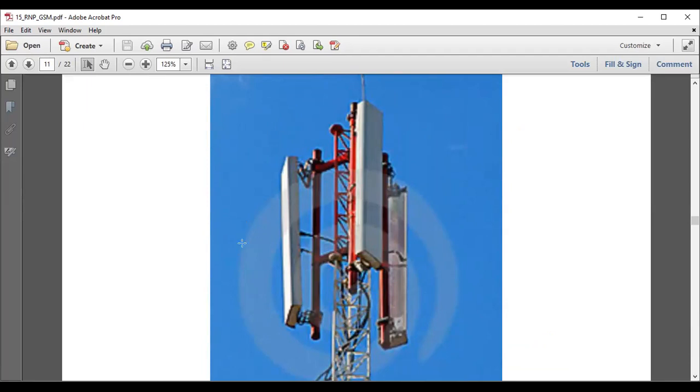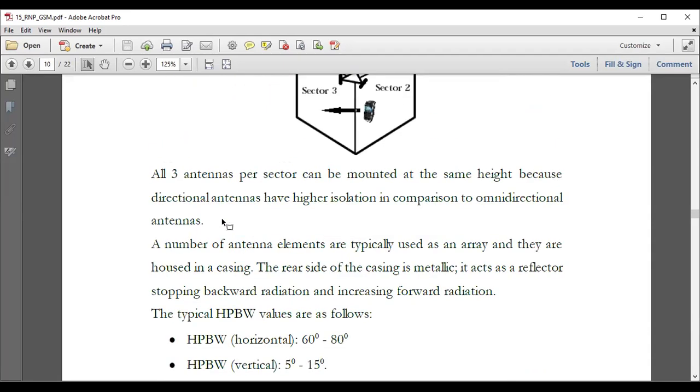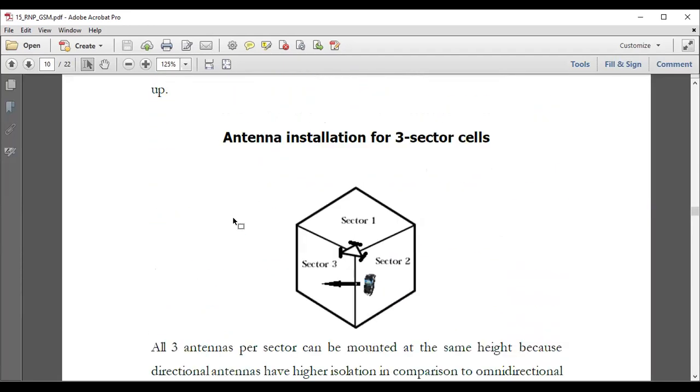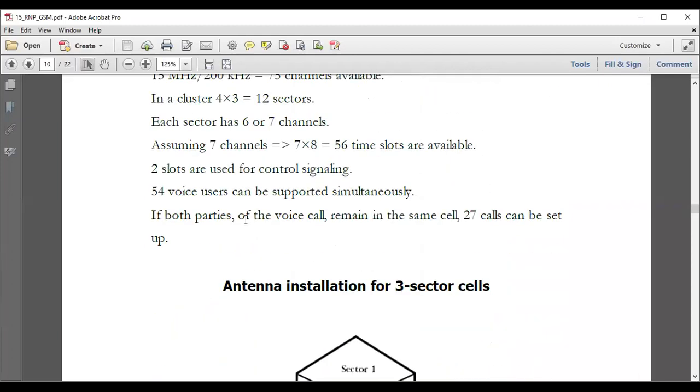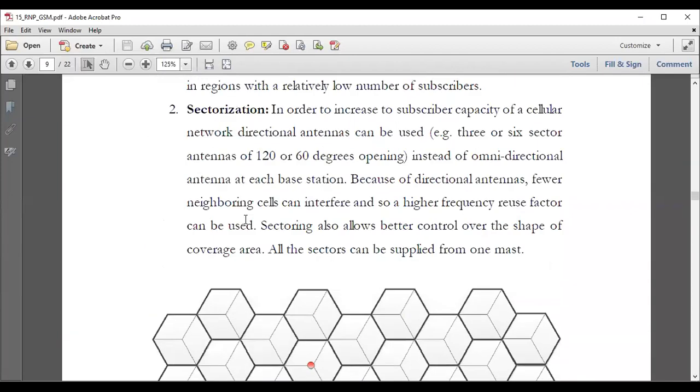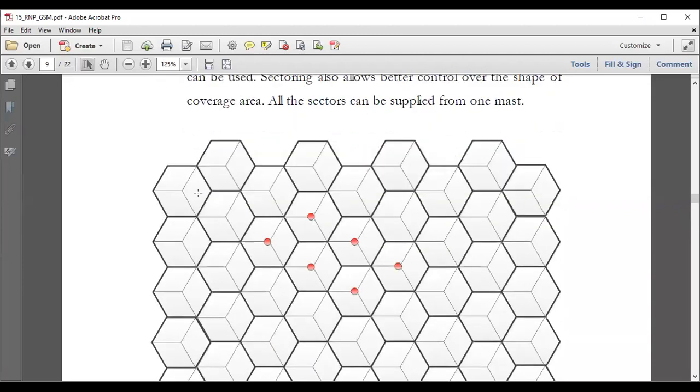The number of sectors doesn't have to be three always, but most of the time it is three. It can be two, it can be four, it can be up to six. So you'll actually have to use an antenna which is directional when you use sectoring.